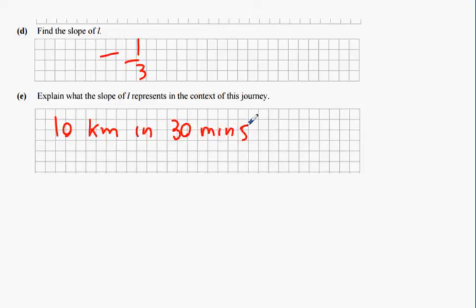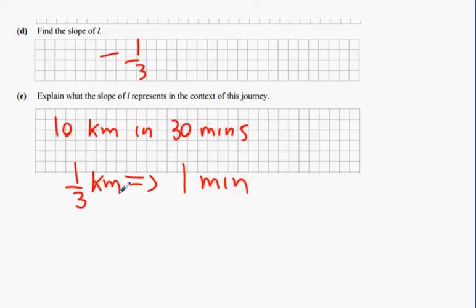Yeah? Divide both sides by 30. What do you get? 1 minute. How many kilometers will you do in 1 minute? What's 10 divided by 30? 1/3. This basically means you get 1/3 of a kilometre closer to home every minute.